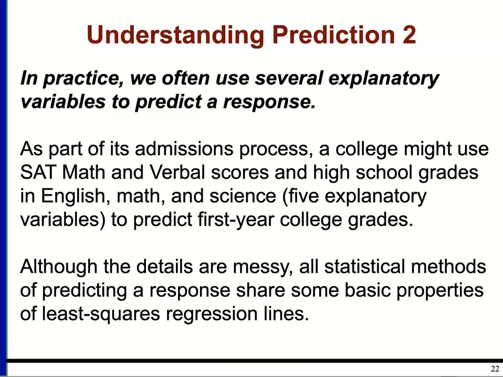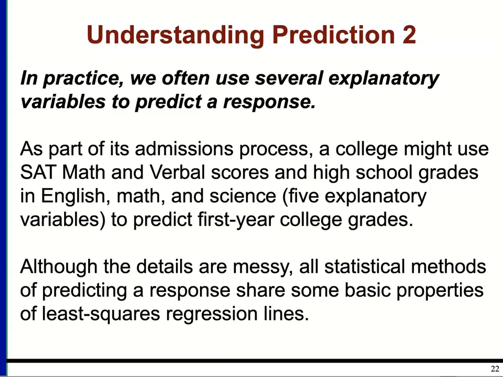But if you think of applications of this, the admission process for four-year colleges typically looks at lots of different indicators as to how successful they think you will be at their school. So maybe they'll look at your SAT scores, maybe your high school grades in English, math, science. So they're often going to be looking at multiple variables to try to predict first-year college grades.